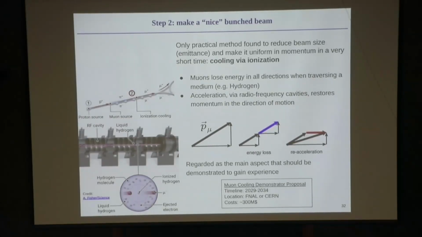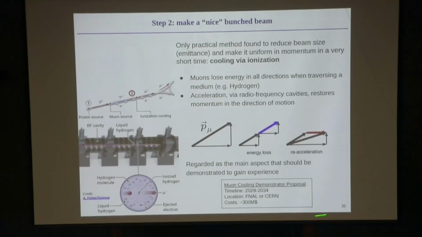This is actually a really critical part of the muon collider concept. It's very new in accelerator physics. And in fact, it's regarded as the main aspect of a muon collider that should be demonstrated experimentally, to gain experience of how to do that in an efficient way.